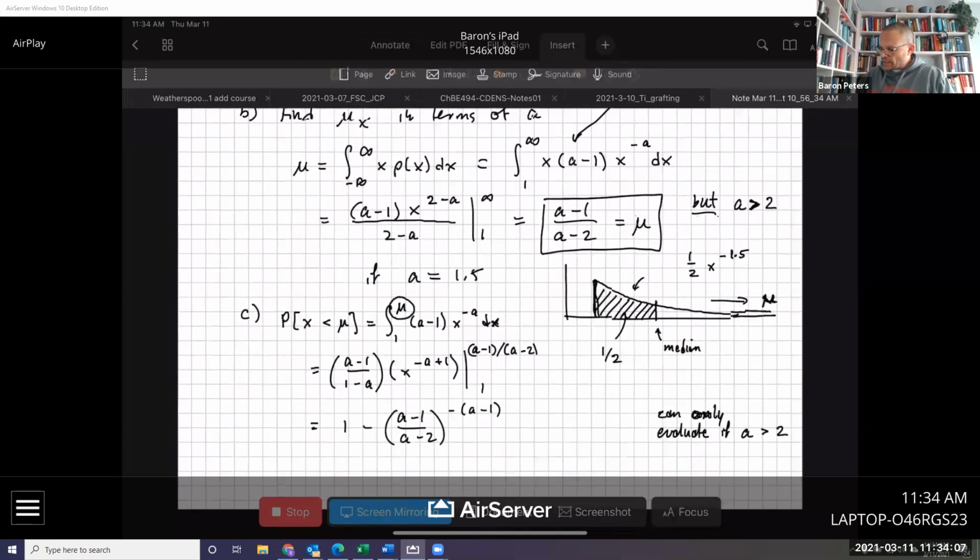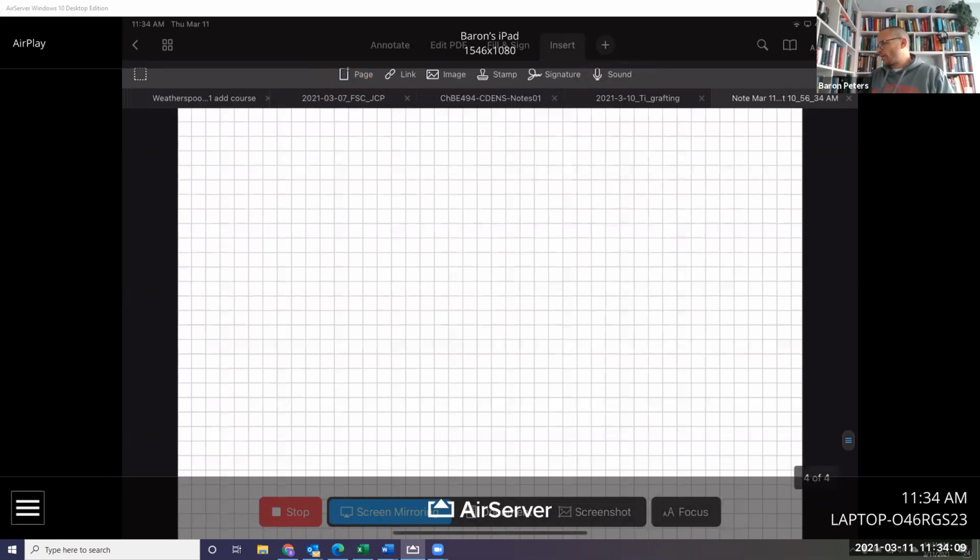Okay, let's go ahead and continue on and do the last part. So for what limiting value of parameter a does the statement everyone is below average become true? All right, we already talked about this, right? We talked about the fact that if I let a be 2 or smaller, then the mean diverges, and that means that everyone is less than the mean, right?